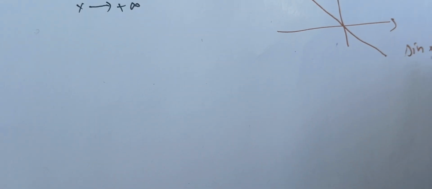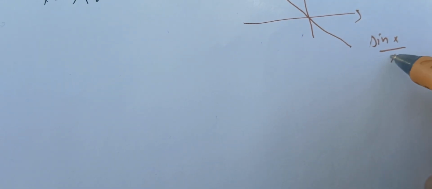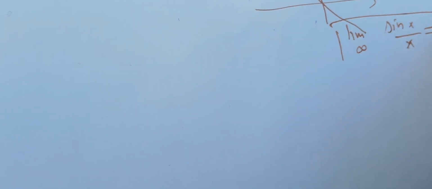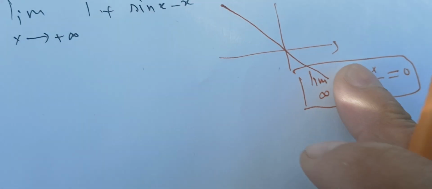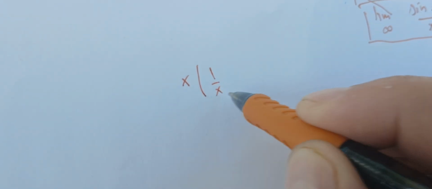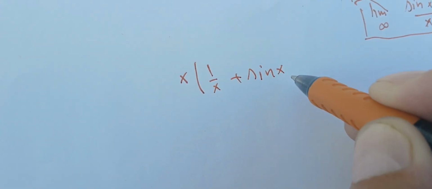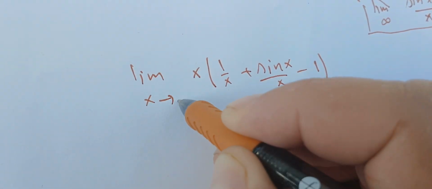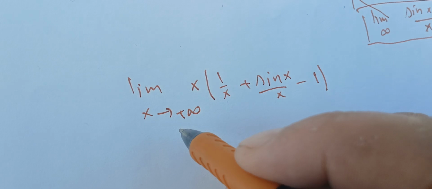Because we're going to use this fact here: sine of x over x, as x goes to either plus infinity or minus infinity, is 0. So this limit we can write as x times (1 over x plus sine of x over x minus 1), and this becomes my limit.